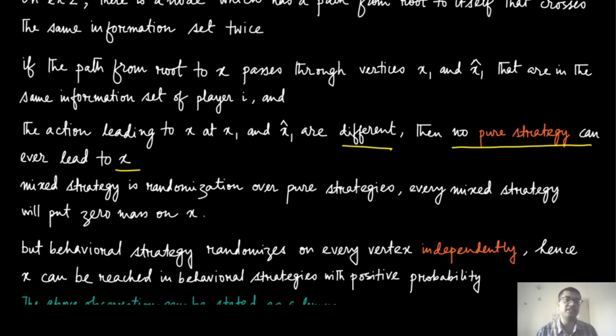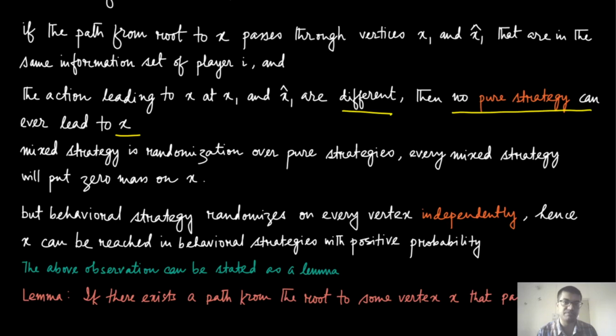So in behavioral strategies you can reach x with some positive probability, but this example shows that if you have a setup where the path from the root to a specific node is crossing the same information set twice, and the actions taken at those nodes in the same information set are different, then you may have a behavioral strategy which does not have an equivalent mixed strategy representation.